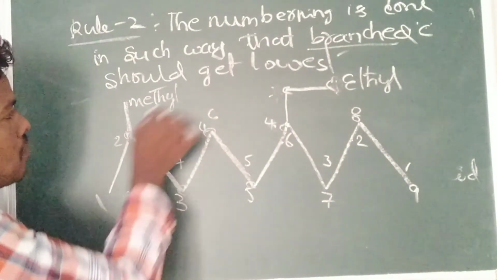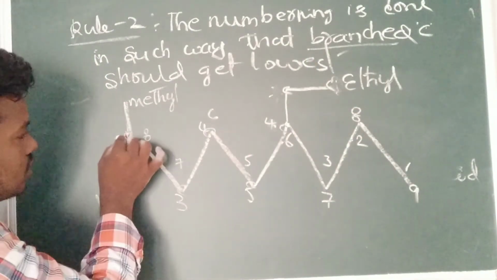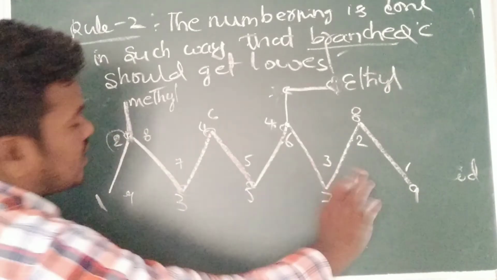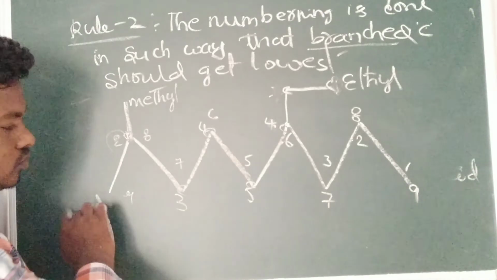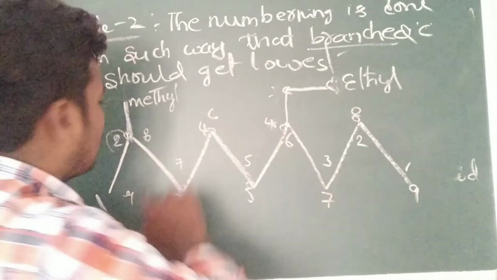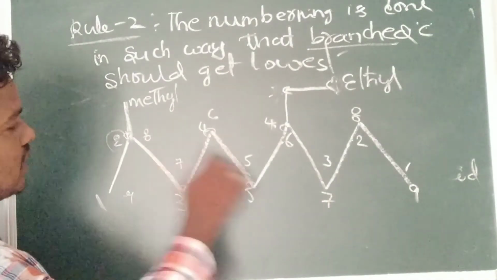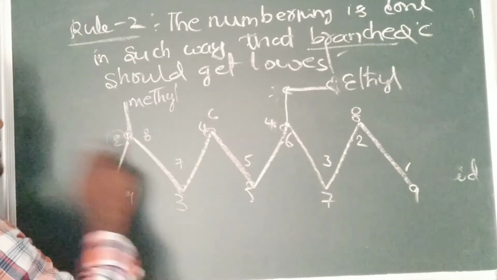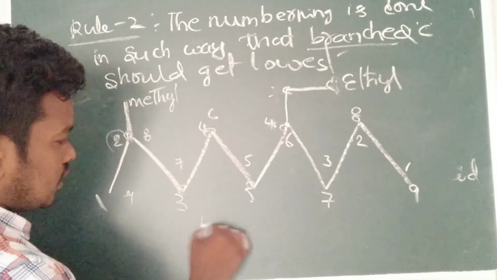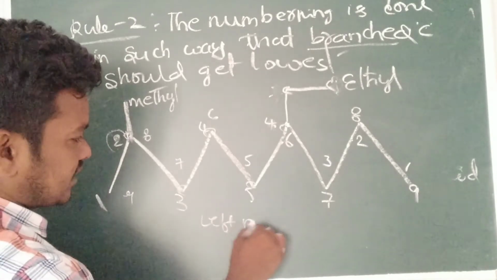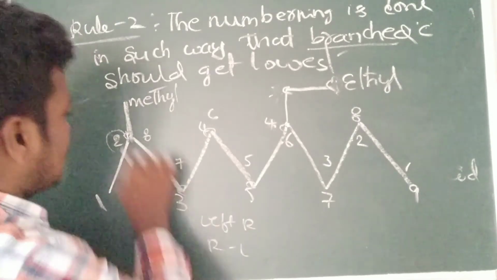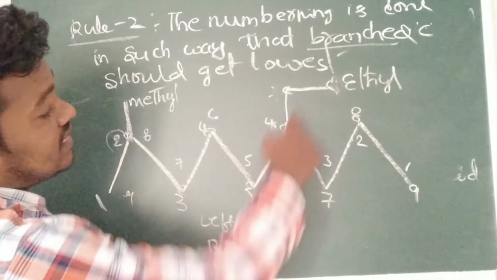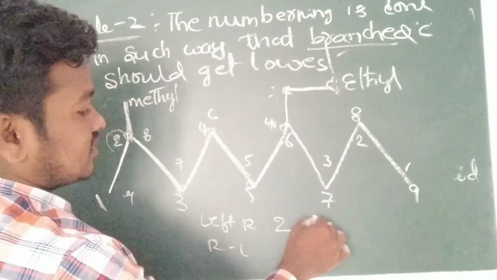I will clear your confusion. See here, the methyl group is present. If I give the number this way, left to right, it gets 2, called 2-methyl. Right to left, it gets 8. So left to right, right to left. What is the ethyl getting?